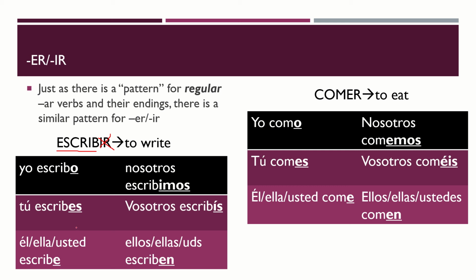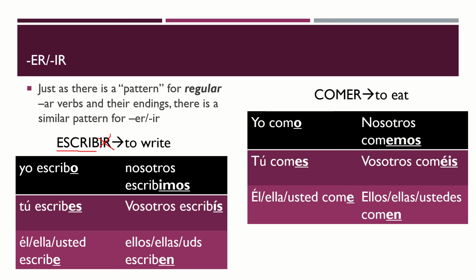And then my final step would be to plug in my ending. So it would be o, es, e, imos, ís, en, which would give me for all of my forms: yo escribo, tú escribes, él, ella, usted escribe, nosotros escribimos, vosotros escribís, and then ellos, ellas, ustedes escriben.